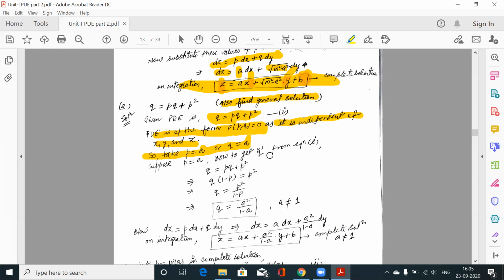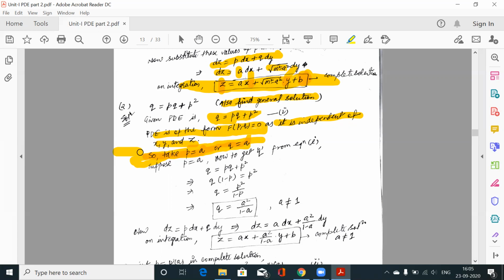So just select either p is equal to a or q is equal to a. But before writing this, I want you to write that because it is in the form of f(p,q) is equal to 0, by using Charpit's auxiliary equation, we get p is equal to a or q is equal to a.